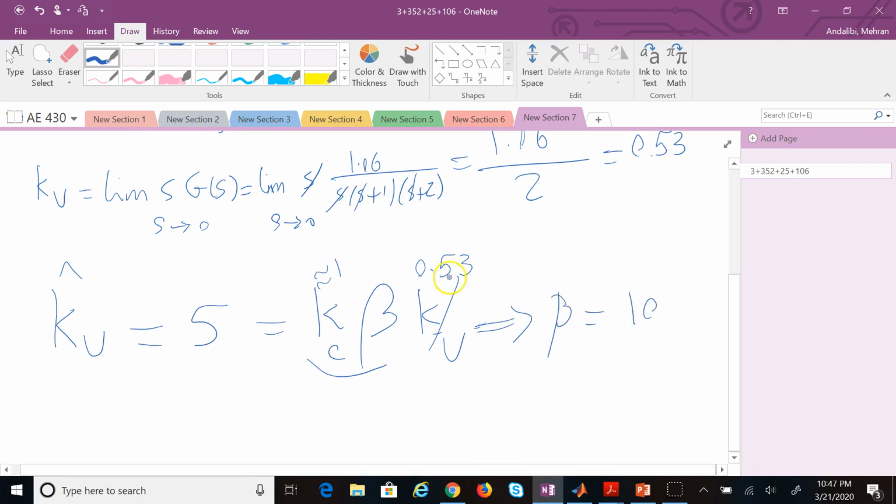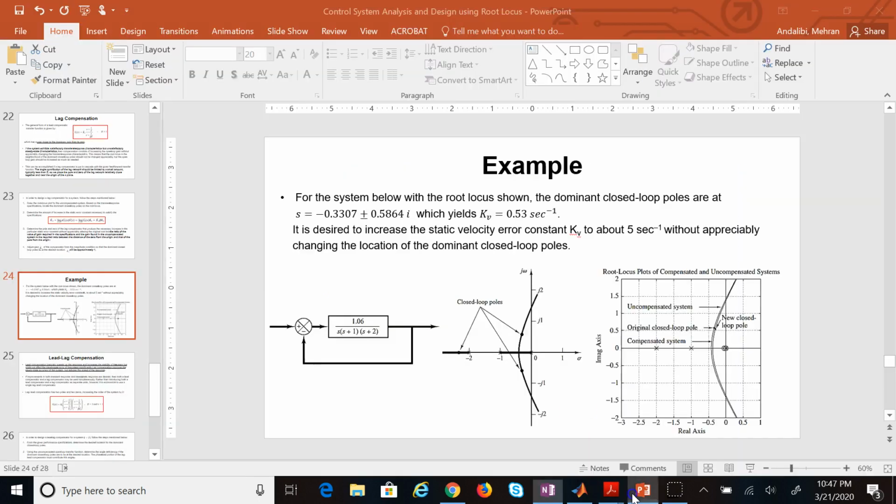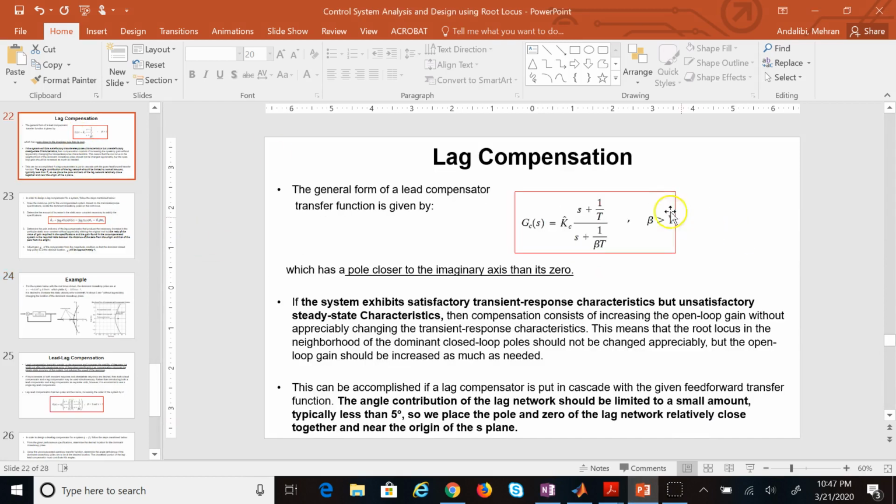I can choose it to be exactly the ratio and try to get Kc exactly 1, but typically we go with an integer beta to make calculating the location of the zero and pole easier. So we choose beta to be 10. And so 10 means what again? 10 means that the pole is 10 times closer to the origin than the zero.